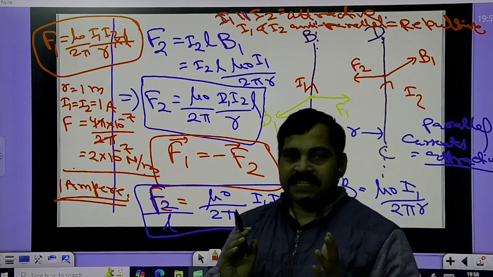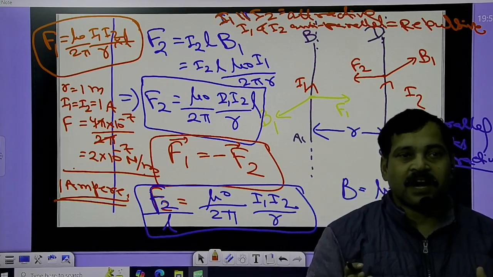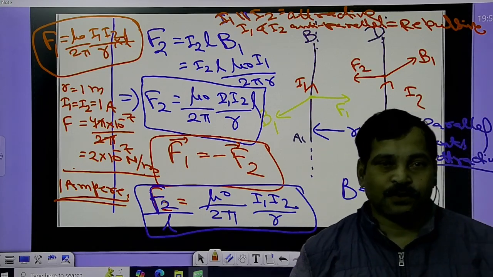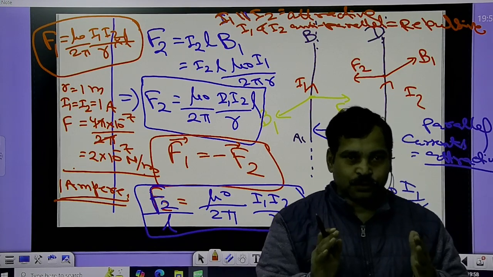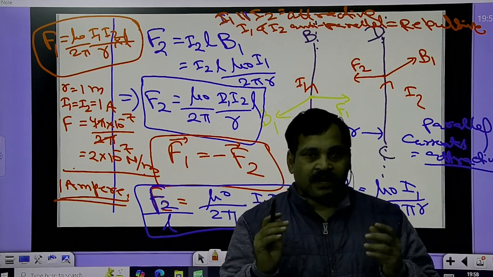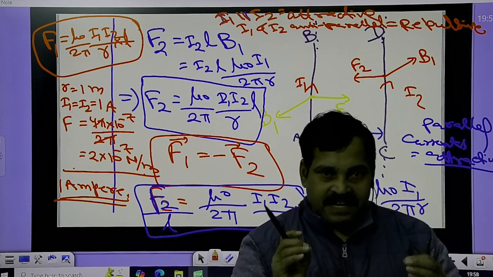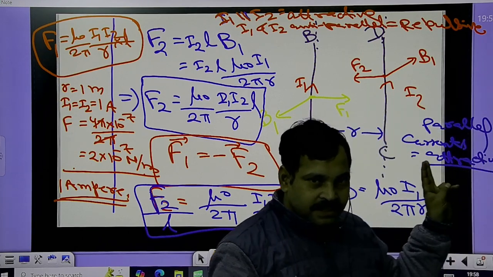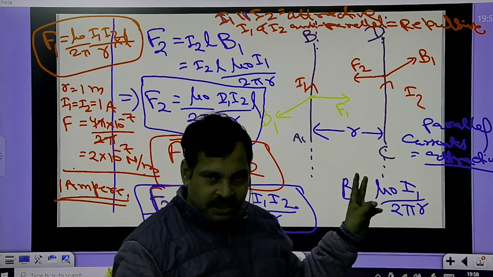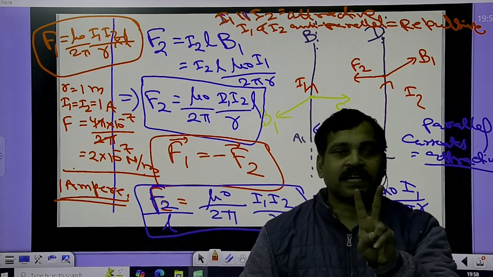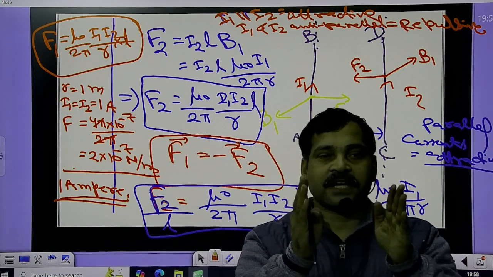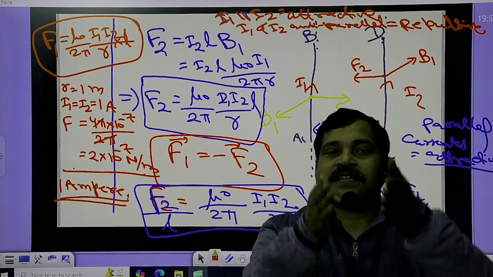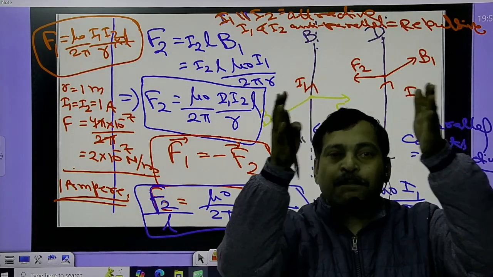So this is an important derivation and important definition of your 1 ampere. So I think you all understood. So you can derive it if it is asked in your exam. The important conclusion here is that for two parallel current-carrying conductors, the force between them will be attractive if the currents are in the same direction, that is parallel currents.